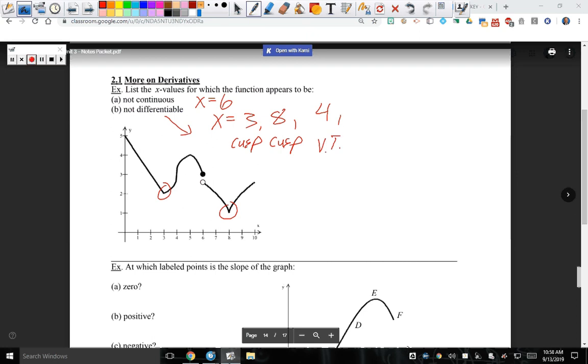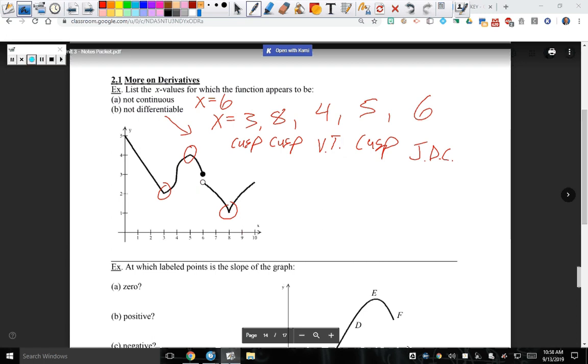And Matthew, what's the last one? So 5, and you could say because of what? A cusp? Are there any other values that you guys see that it's not differentiable? 6. And this is because of a jump discontinuity.